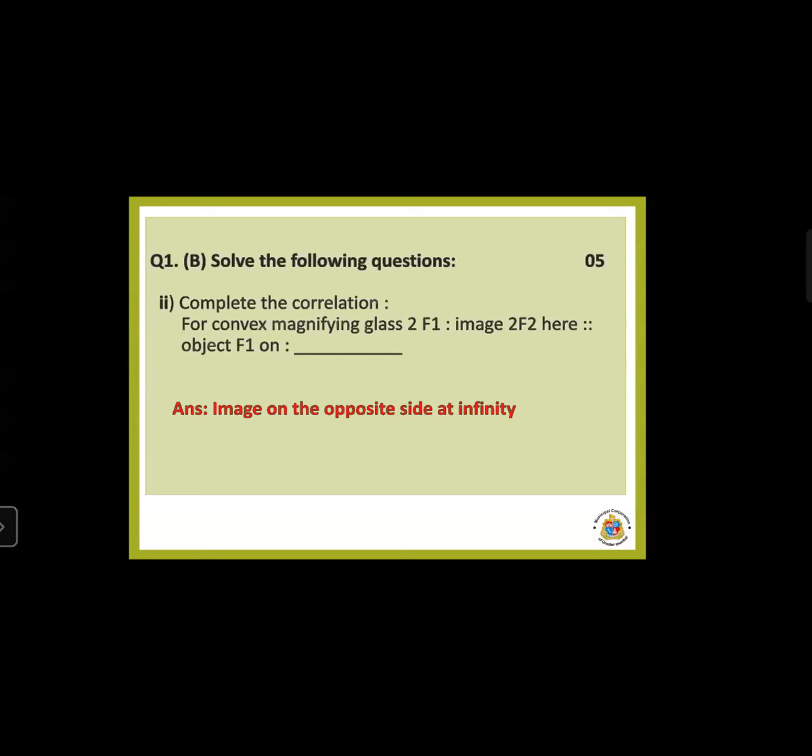And where the object is placed at F1, where is the image?